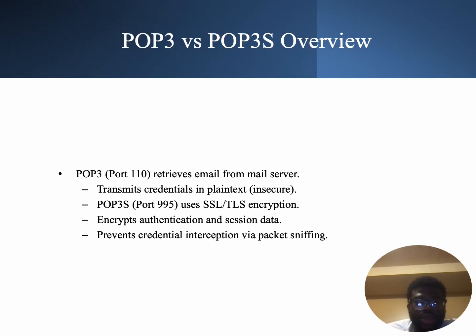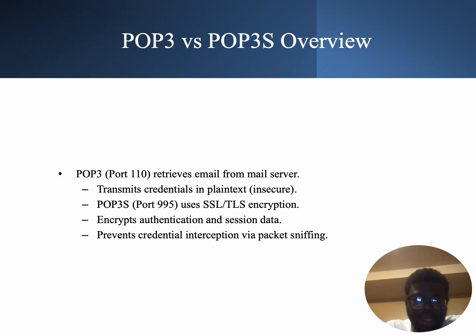The POP3 versus POP3S overview. POP3, which is port 110, retrieves email from the mail server, and it transmits credentials in plain text, which is insecure. And then POP3S, port 995, uses SSL/TLS encryption.